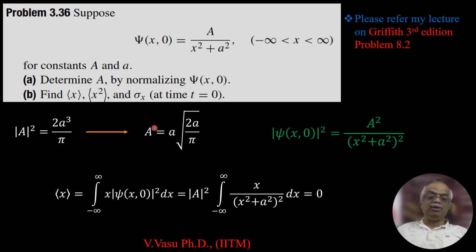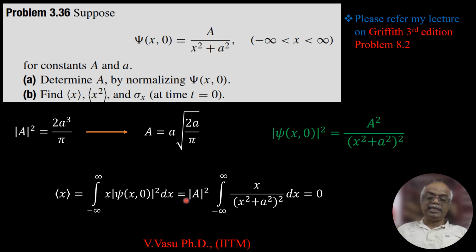Now we have to find the expectation value. For that we need the modulus square of psi, which is the square of this wave function, that is a squared divided by x squared plus a squared, whole squared. So by definition, the expectation value of x is equal to the integral between minus infinity to plus infinity of x multiplied by this modulus square of psi of x with respect to dx.